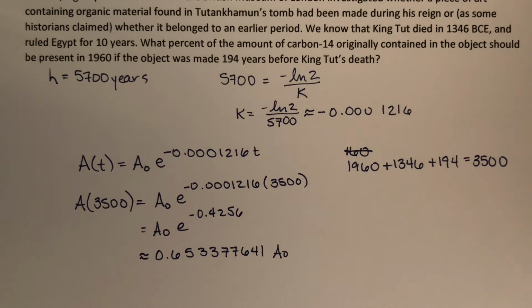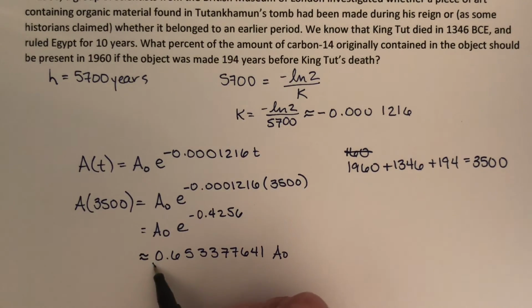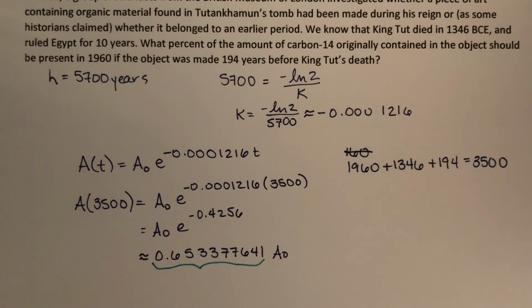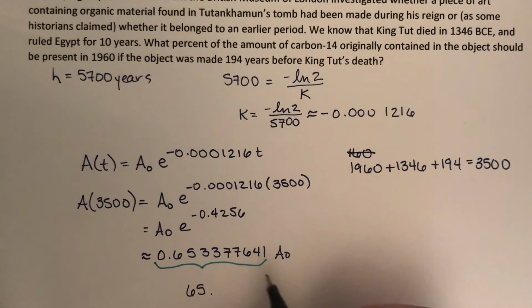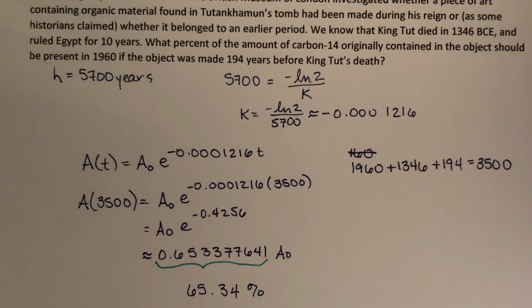Now this is the percent we're looking for, but written as a decimal. So what is this as a percent? Multiply by 100, and 65.34%. We would expect that object to retain 65.34% of its original carbon-14 levels.